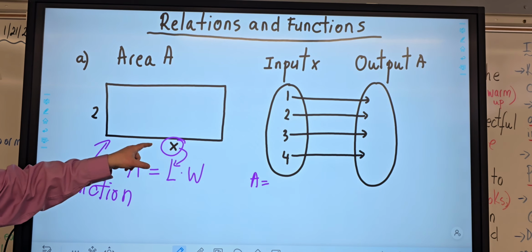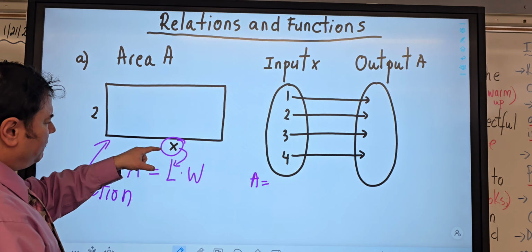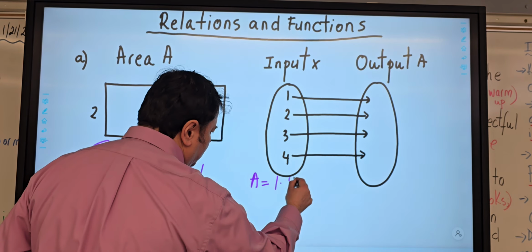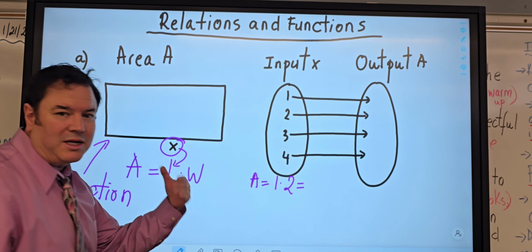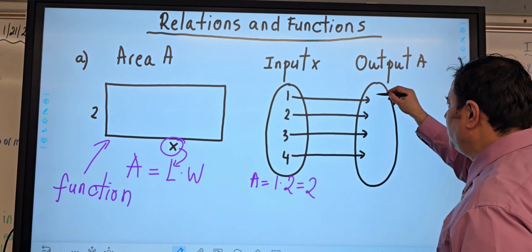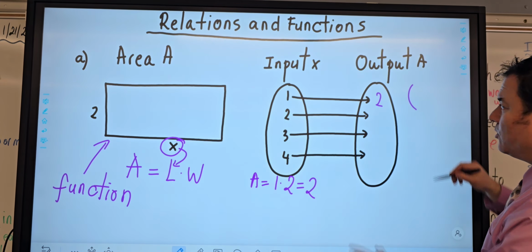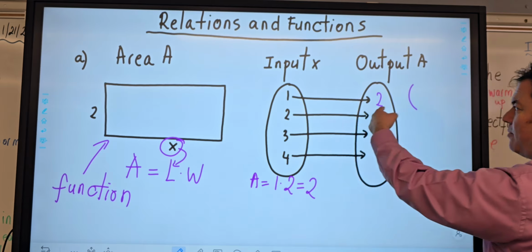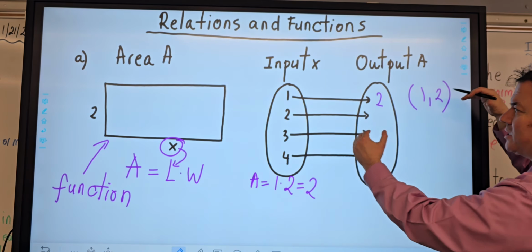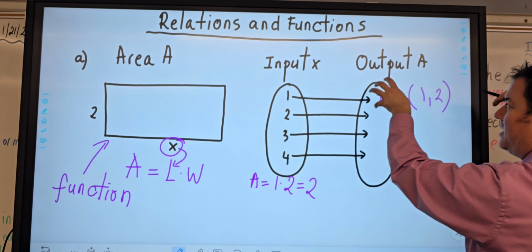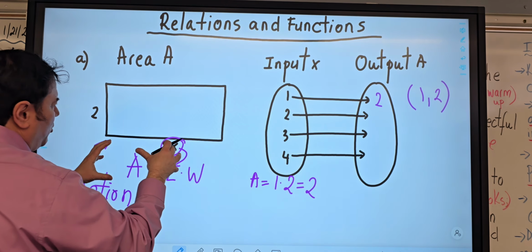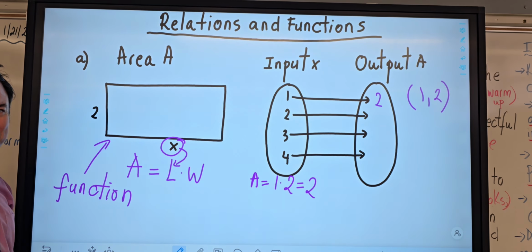So we are going to input 1 for L, and then W is 2. So we have 1 times 2. And 1 times 2 is 2. So the output is 2. And the ordered pair is 1, 2. This is our first. The input is 1 and the output is 2. After we put 1 into the formula, we get 2 as the output.